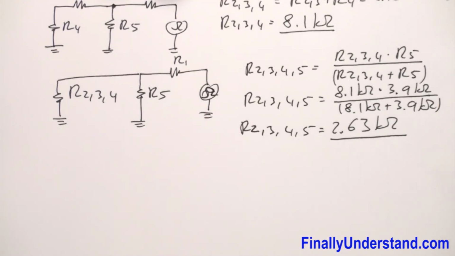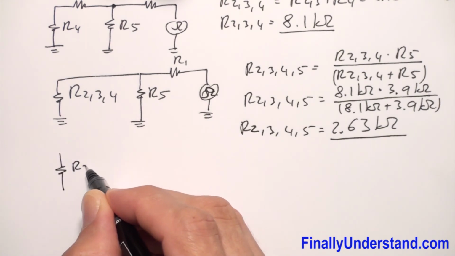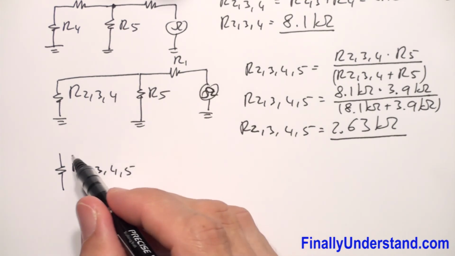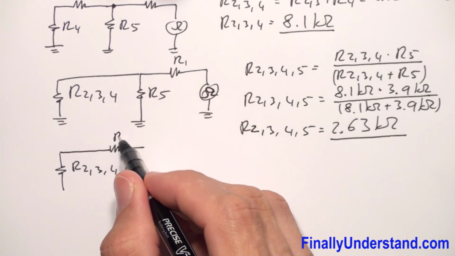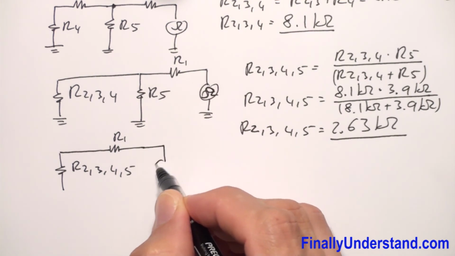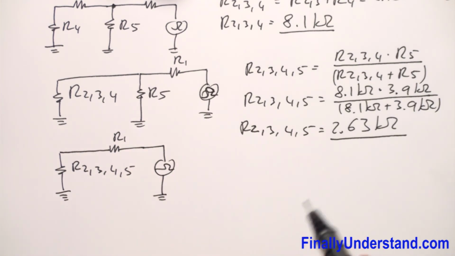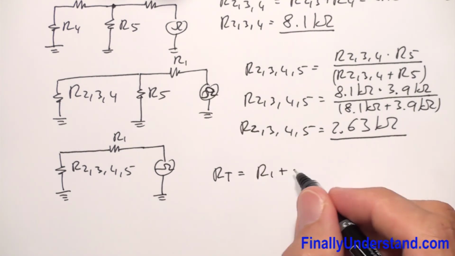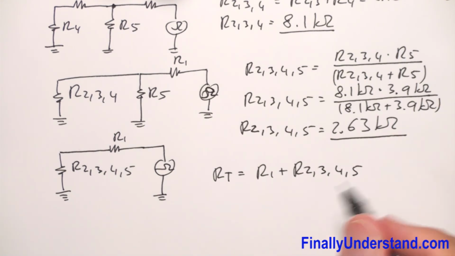Now we can redraw the circuit again and simply draw resistor R2345 and my resistor R1, and this is my ohmmeter. So R total is equal R1 plus R2345.